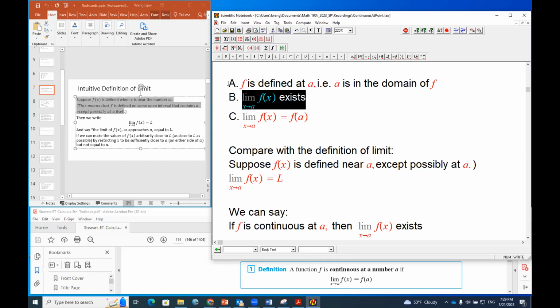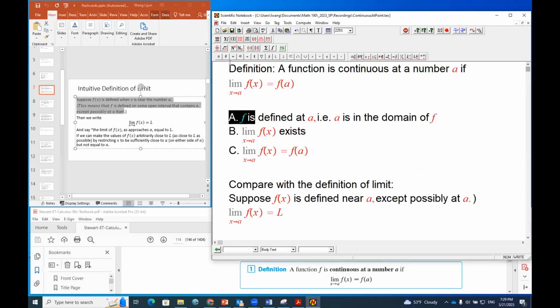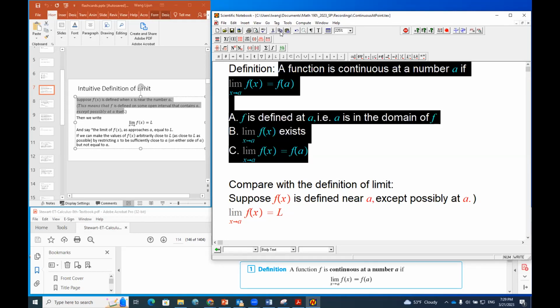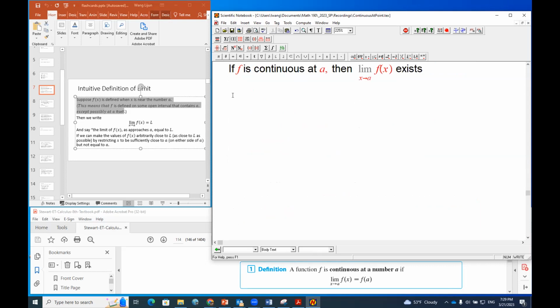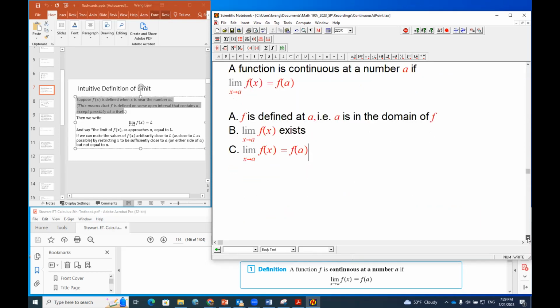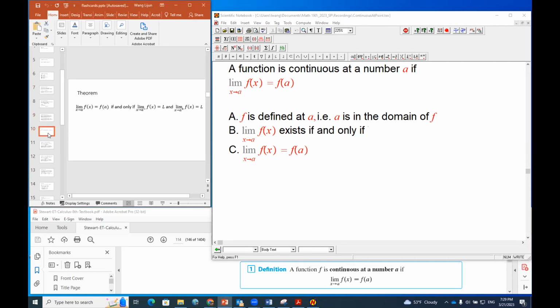And from the other perspective, recall that we have learned another theorem: the limit exists if and only if the limit from left and the limit from right both exist and are the same.